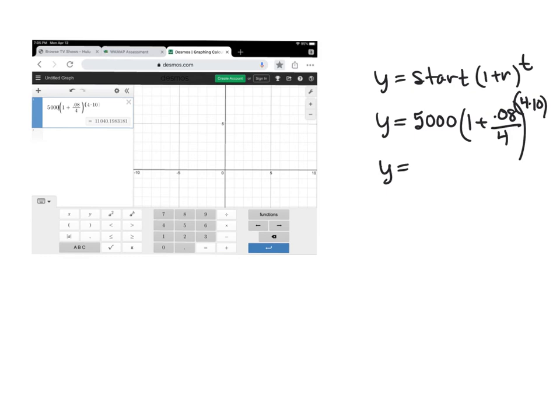So if you had $5,000 of a stock that paid 8% quarterly, that $5,000 would become $11,040.20.